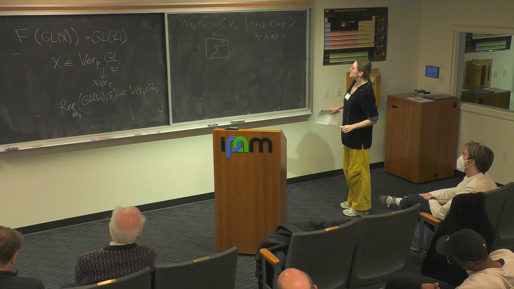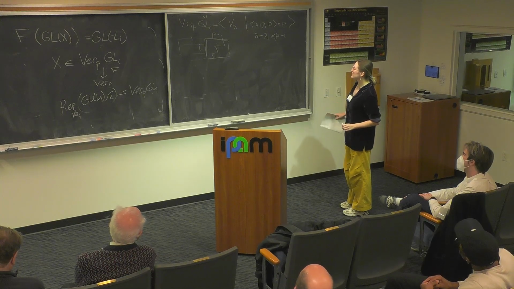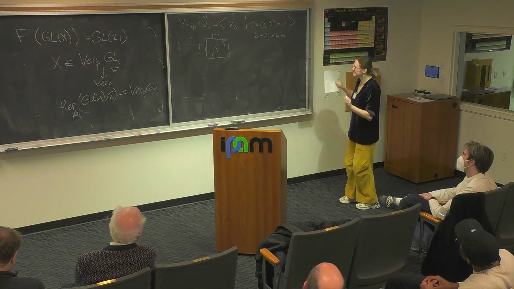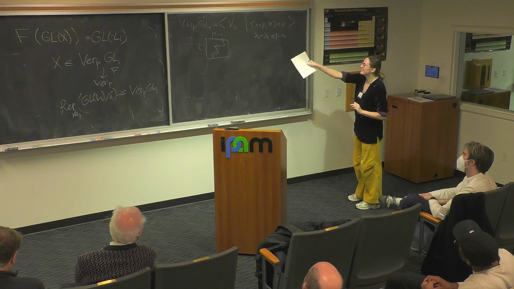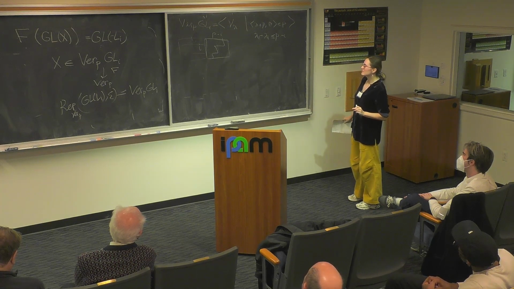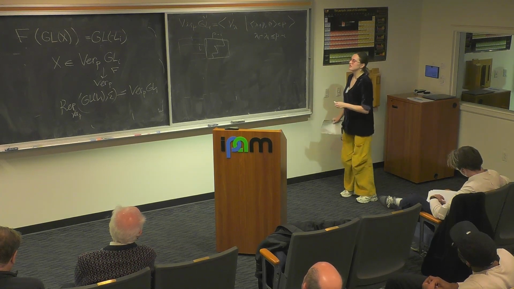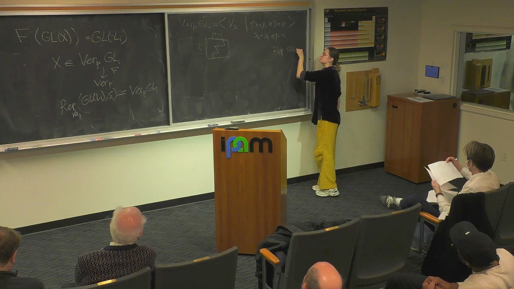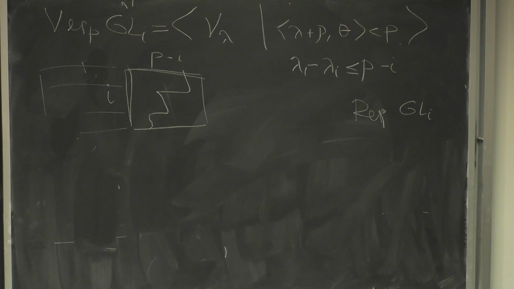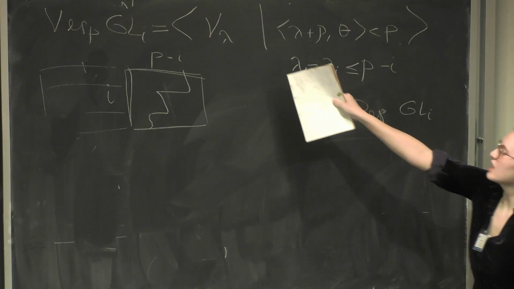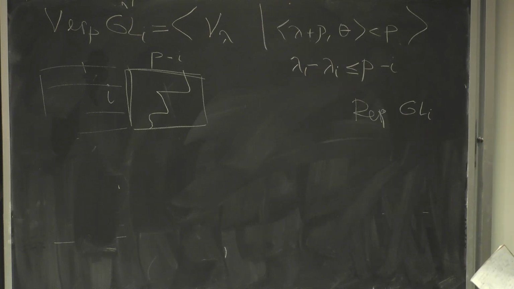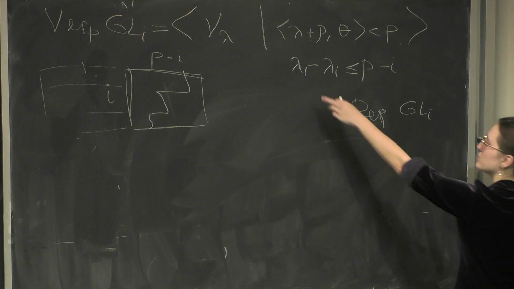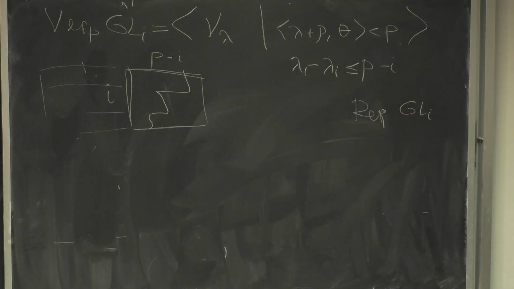So I wanted to share this nice combinatorial way of thinking about this. If we were just working with representations of GLI, let's look at the classical picture, maybe even in characteristic 0. We have these V lambdas, where lambdas are non-increasing.